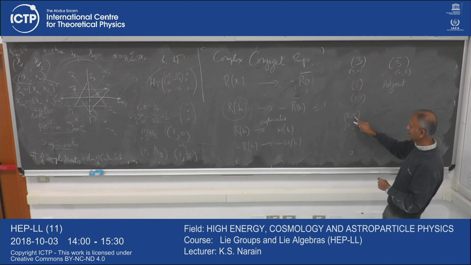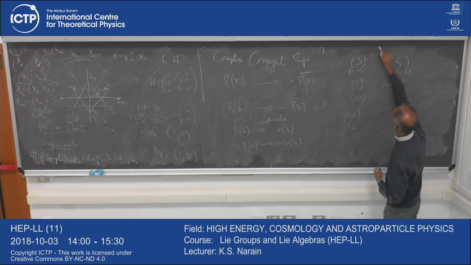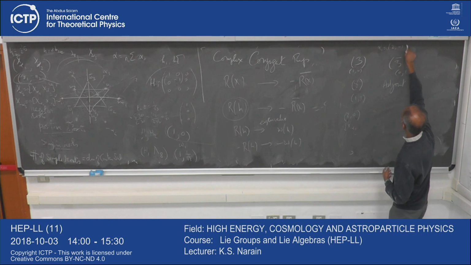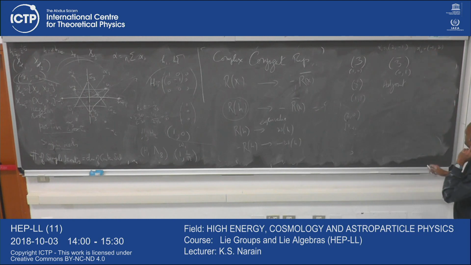X minus alpha 2 will annihilate it because it's a singlet, so nothing happens to it. But when I apply, so this is something I just erased, the alpha 1 was, I think, 2, minus 1, right? And alpha 2 was minus 1 comma 2, correct?